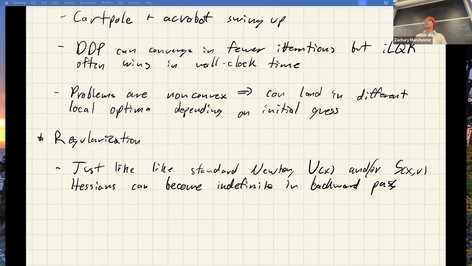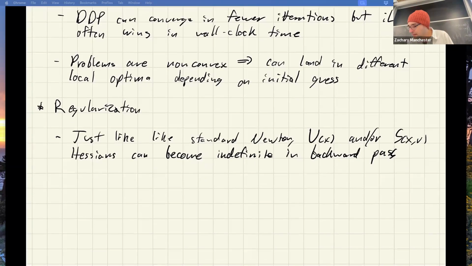And that makes bad things happen, right? It makes us go uphill instead of downhill on the cost function, which we don't like. So we need to regularize.